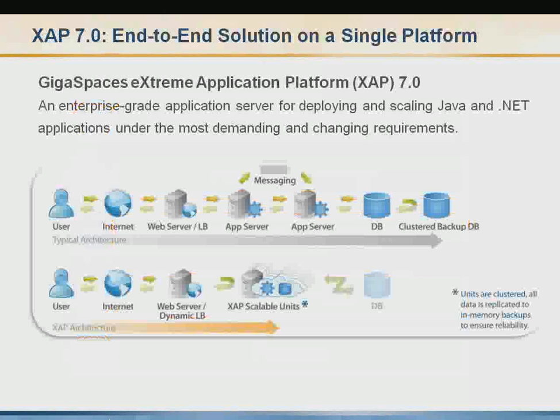So let's start. Gigaspace's XAP is all about developing highly scalable, highly performing enterprise applications. We see here in the diagram, at the top part, the typical way that enterprise applications were built up until today.